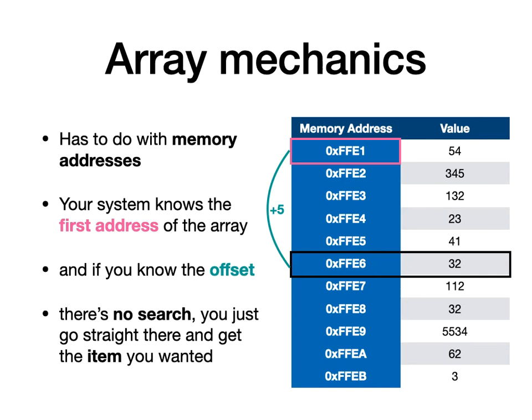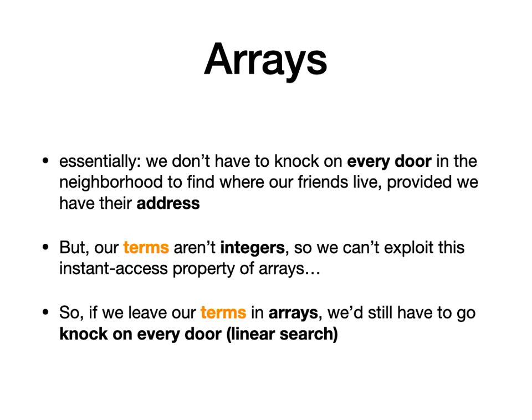You do have to do one operation: you have to add the offset to the first address, but that's fine. This allows us to go straight to a destination in an array, and we don't have to knock on every door in the neighborhood because we know where the address that we want is. When we know where our friends live, we don't have to go looking around for them.